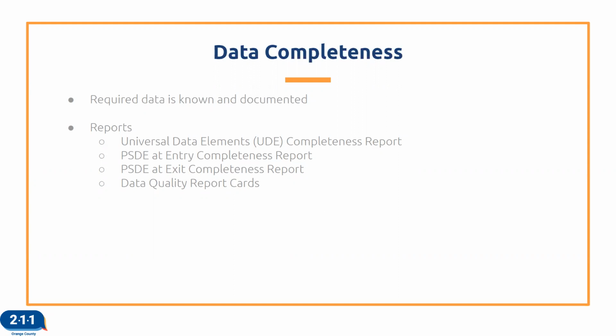Also, if you have special funding like RHY, PATH, HOPWA, VASH, and there might be a couple others, there are program-specific data elements for each of those funding components as well. And then finally, we have the data quality report cards that we publish on a quarterly basis that you can review for data completeness for your projects.